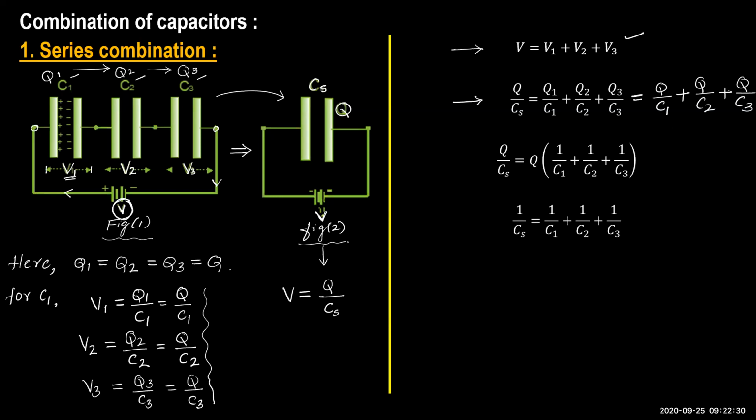I think this step is clear to you. There is Q on both sides, one on the LHS and the other on the RHS, so these two cancel. Then what is left? 1 by CS is equal to 1 by C1 plus 1 by C2 plus 1 by C3. So this is the final equation for equivalent capacitance.